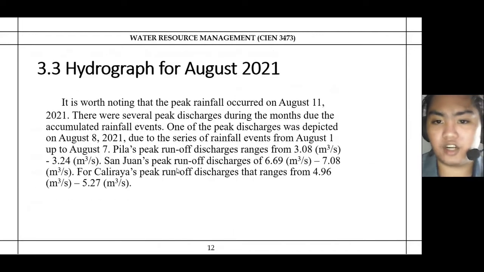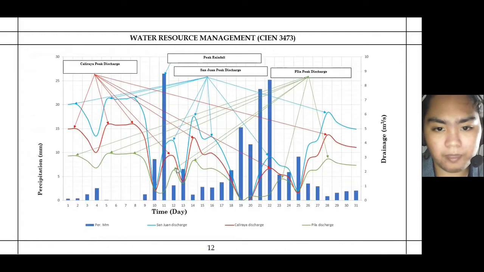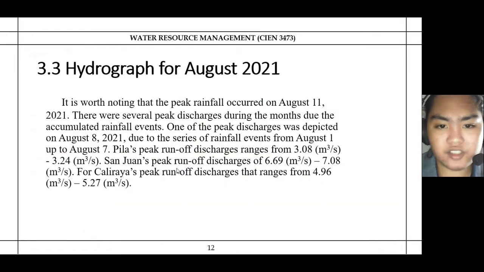3.3 Hydrograph for August 2021. Using the rainfall data of August 2021, we created the hydrograph.